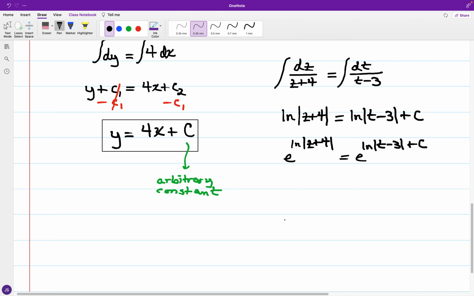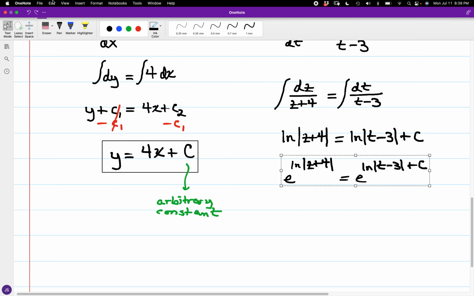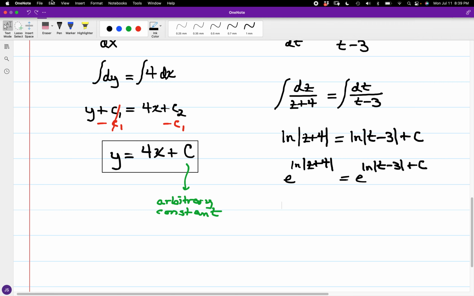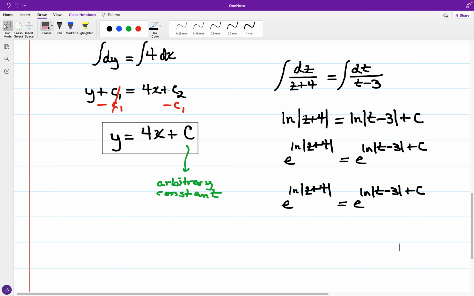All right, and so in this particular case I'm just going to rewrite this statement, taking the reverse of the product property.